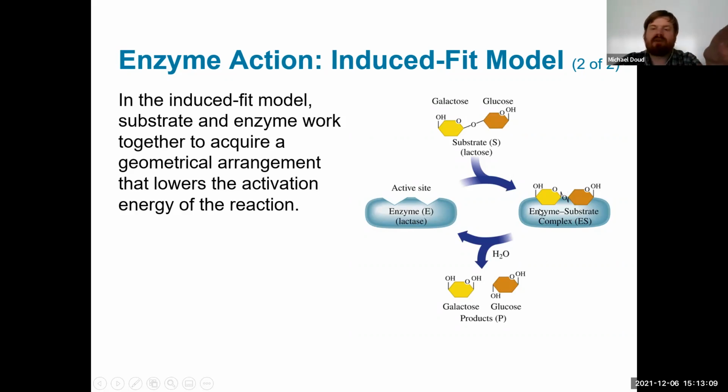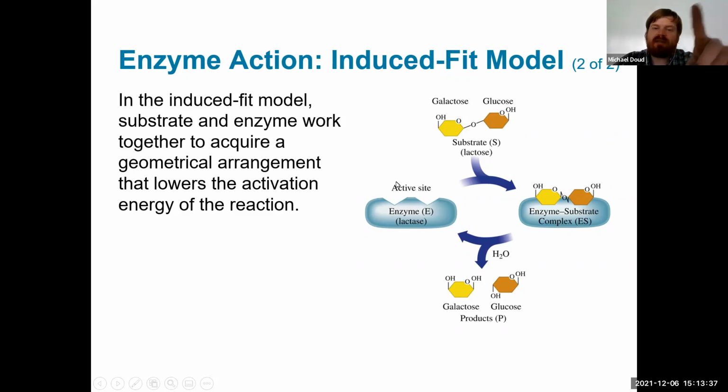So like lactase, for example, the way this works is the lactose will sit in the active site, and it positions the glycosidic oxygen here in such a position that just a little bit of pressure is kind of pulling the two monosaccharides apart, and that's going to lead this oxygen to be more reactive in the middle. So that's the induced fit.